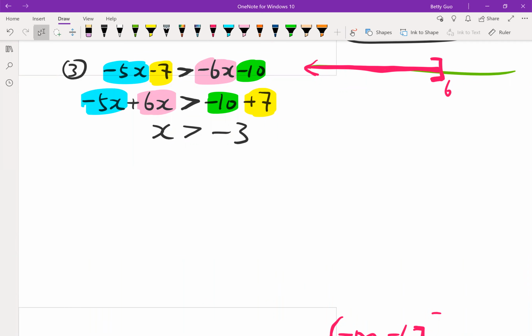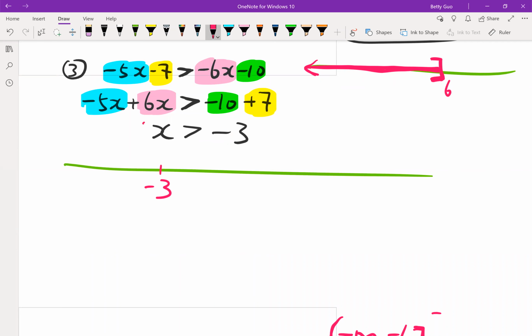the solving part is done. The rest of the work is to graph the solution set and write the solution set in interval notation. Real number line. Let's say -3 is right here. How do we interpret the solution?